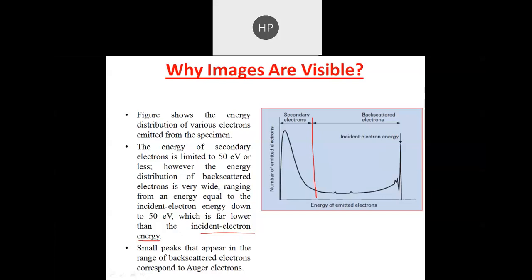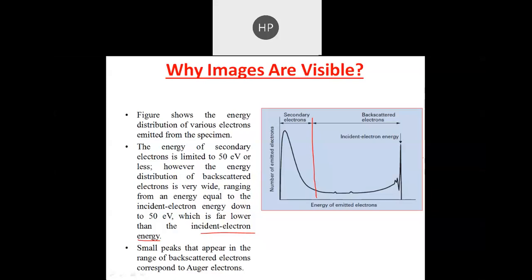The incident electron has a very high energy, but the backscattered electron has a very low energy. That difference plays a very important role in the visibility of an image. Small peaks that appear in the range of the backscattered electrons correspond to Auger electrons.